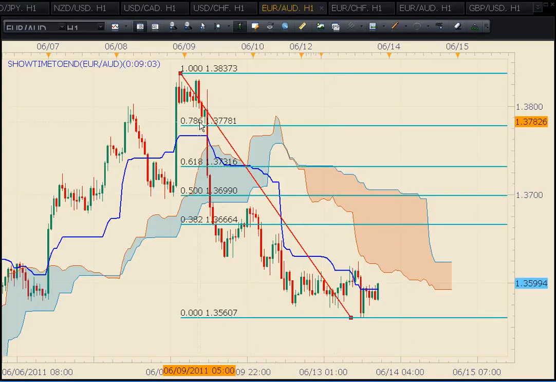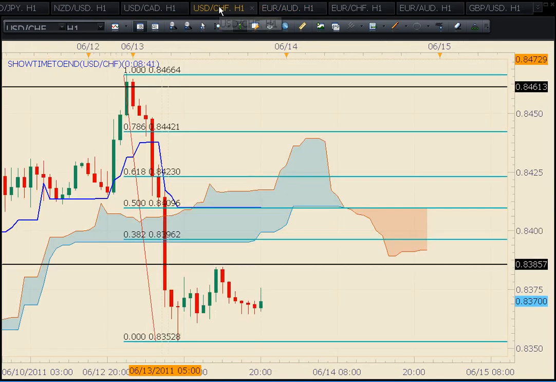And then this 78.6 pretty close to the top. The 78.6 seems to be a little bit lower than the top all the time. But those are levels that you would look at and say if this retraces, it could retrace to that level. It could retrace to that level. Okay, let's go to another chart.